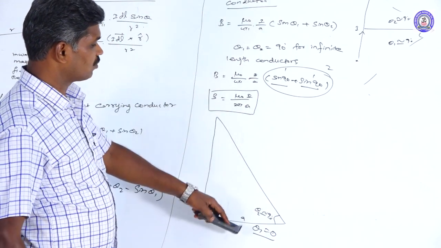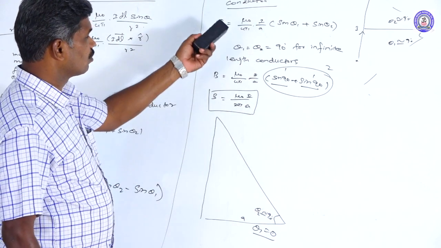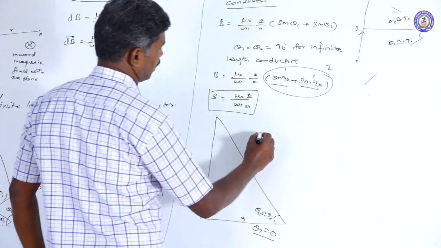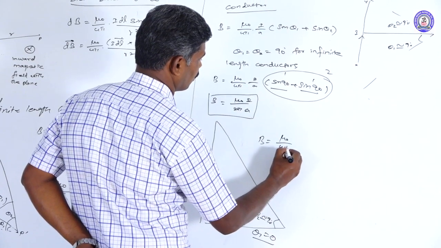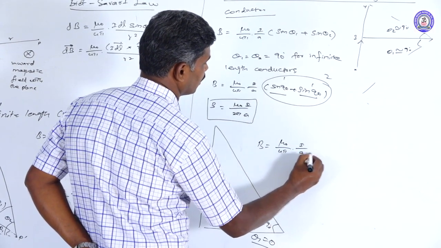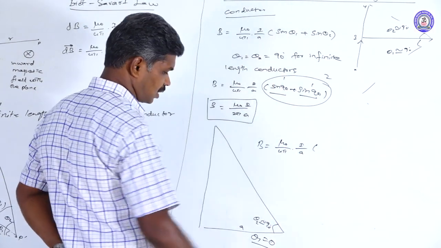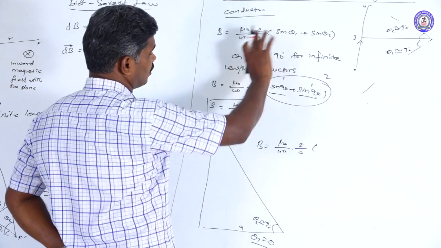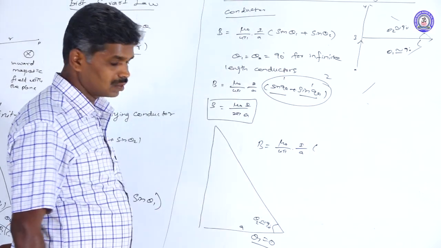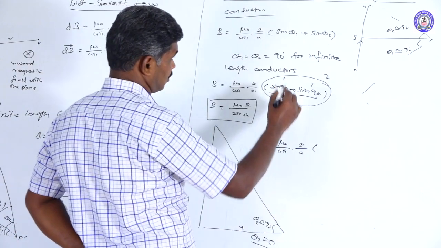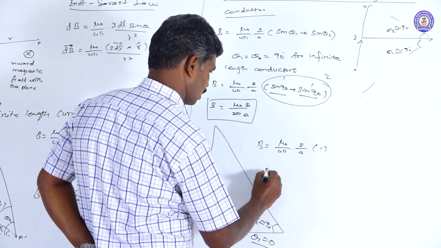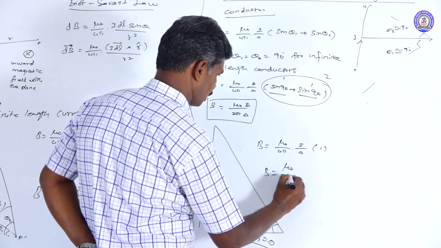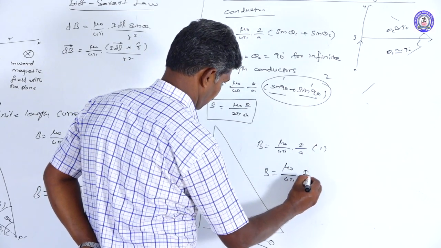If you substitute these values in our formula, we get B is equal to mu naught by 4 pi into I by A of sin theta 1, which is 0, plus sin theta 2, which is 90, that is 1. Then B is equal to mu naught by 4 pi into I by A.